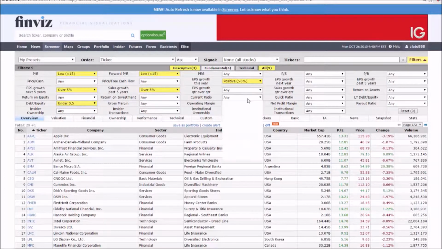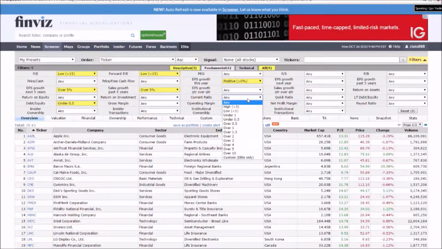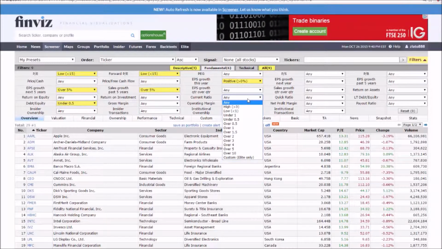And current ratio is also an important part, because if the current debt is quite high, it's not that good. So I'm trying to find at least 1.5.